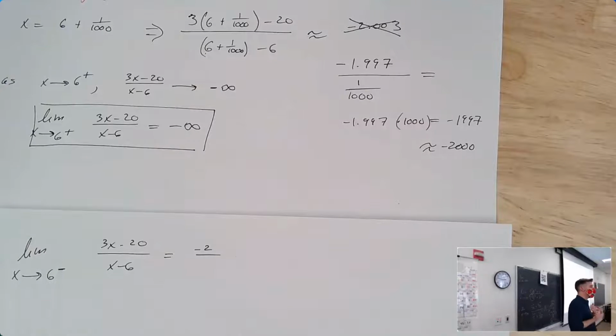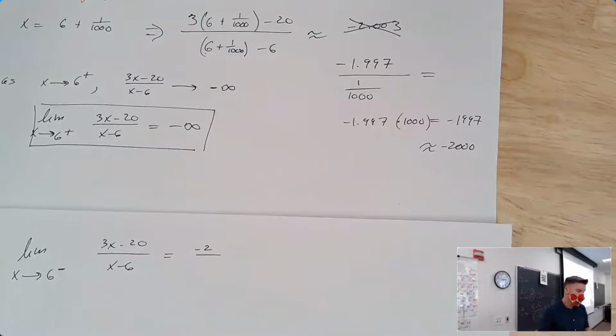Is it slightly negative or slightly positive? Well, is x a little bigger than 6 or a little less than 6? A little less than 6, right? We're left of 6, which means we're less than 6. And if x is less than 6, then x minus 6 is a little bit negative, right? It's like 5.9 minus 6. Oh, it's a little negative.